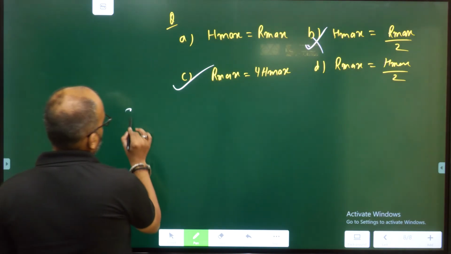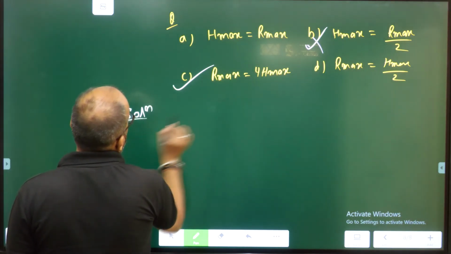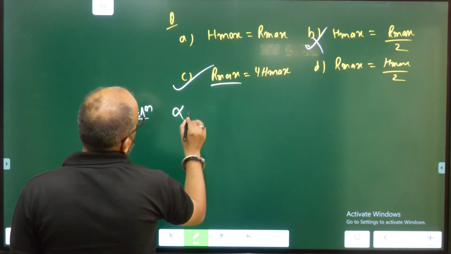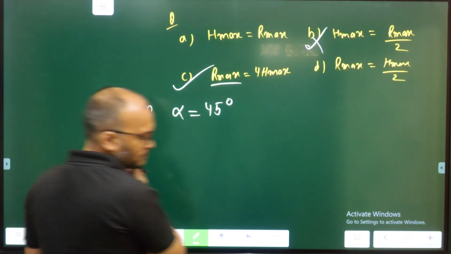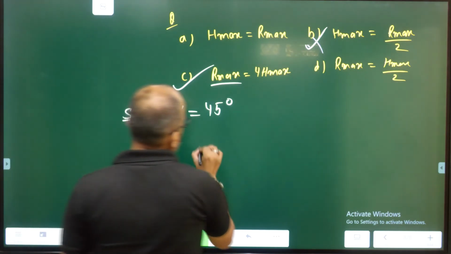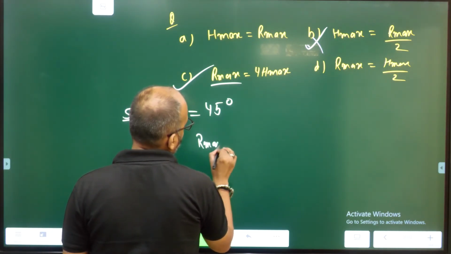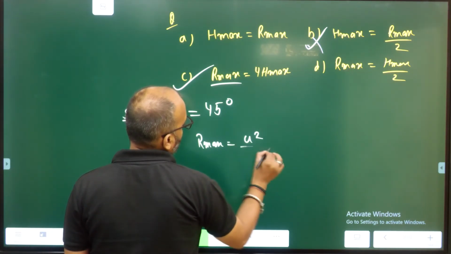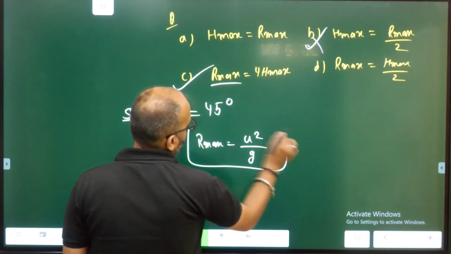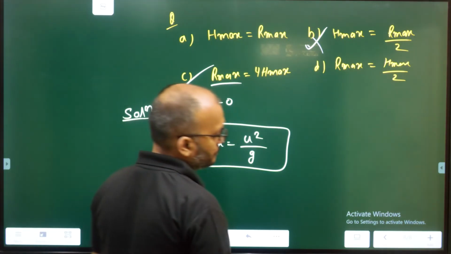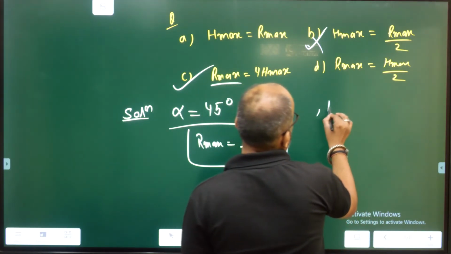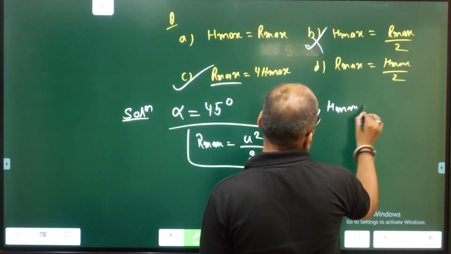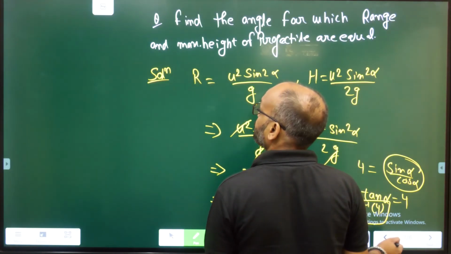Please see. For R max, the angle will be 45 degrees. So R max comes out to be U square upon G. What is H max, the formula for height?